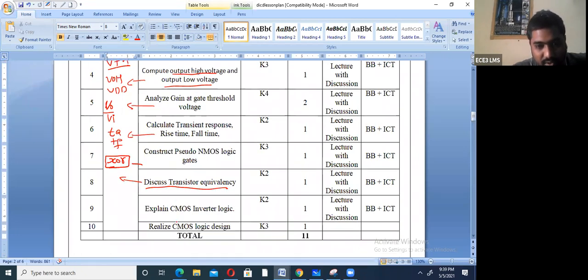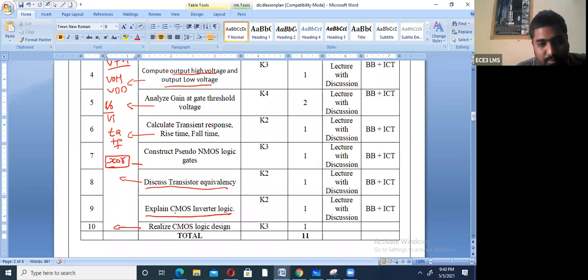And the remaining topic in the syllabus book is CMOS: explain CMOS inverter logic and realize logic design. Realizing means if a Boolean equation is given, for that you have to draw a CMOS logic design. You know, in the pull down network, AND gate multiplication means series and addition means parallel.